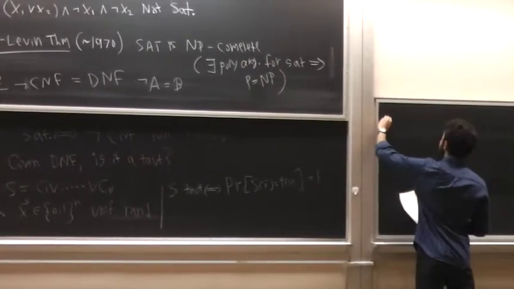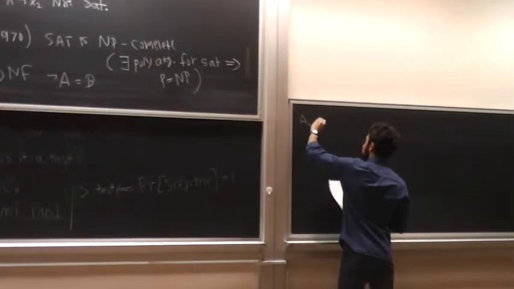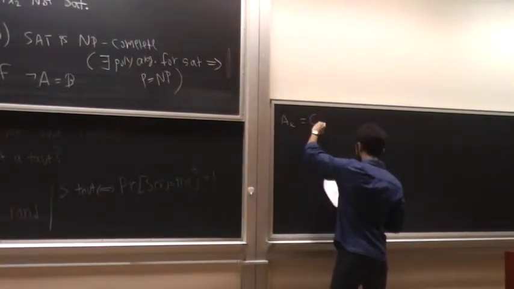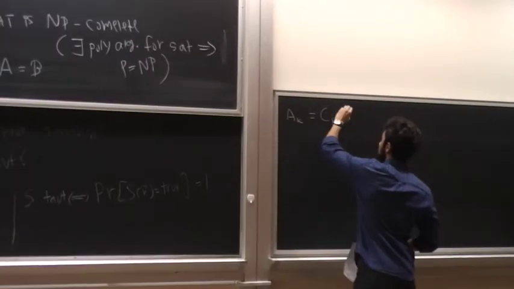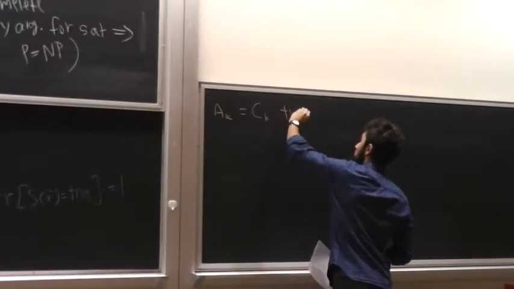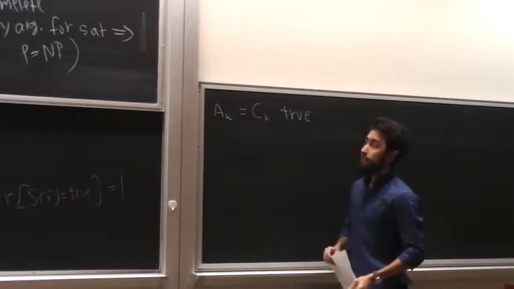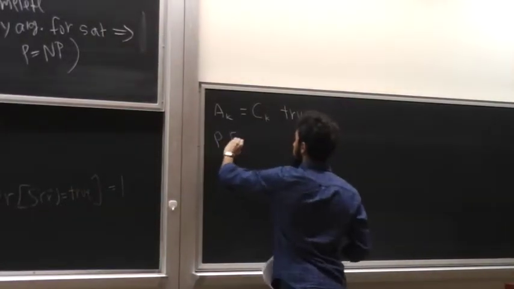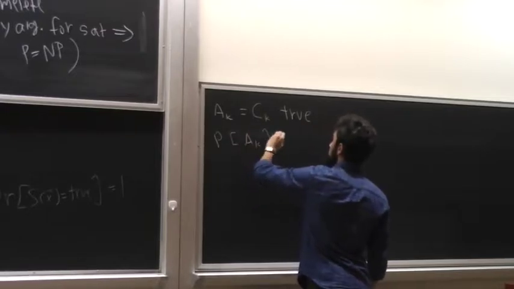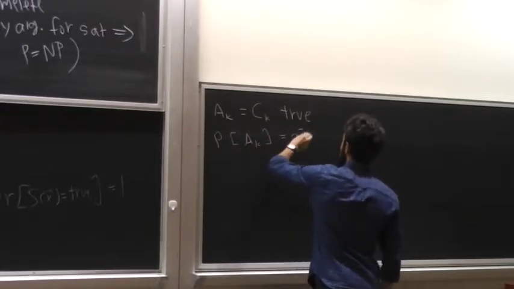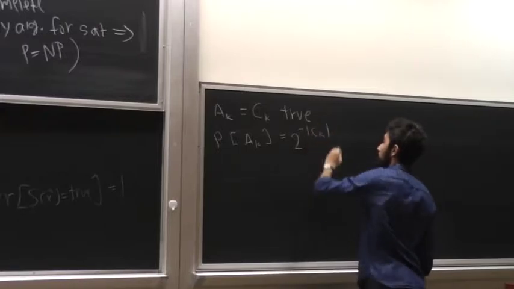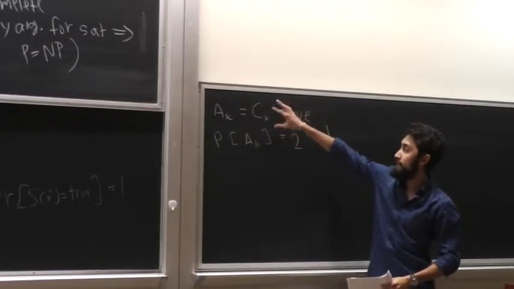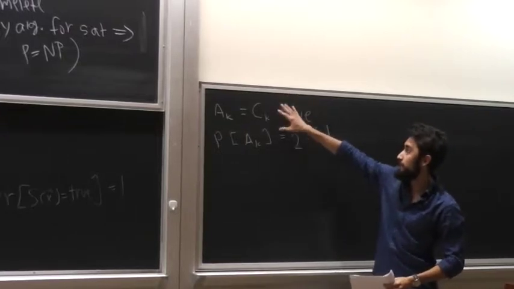So I'm going to let AK be the event that CK evaluates to true. Then P of AK would be 2 to the minus size of CK, assuming that the variables in CK are all distinct, because you can easily reduce it to that case.